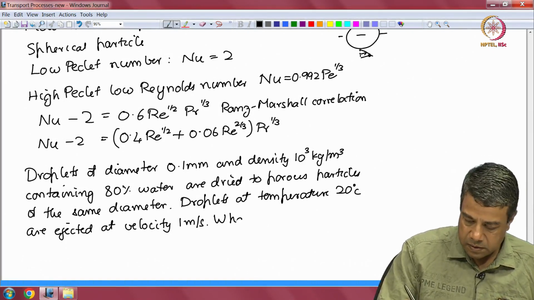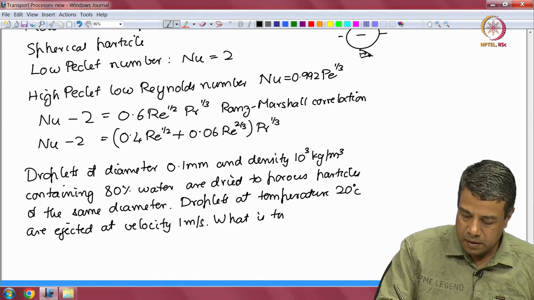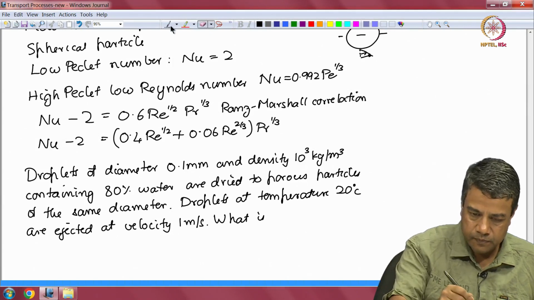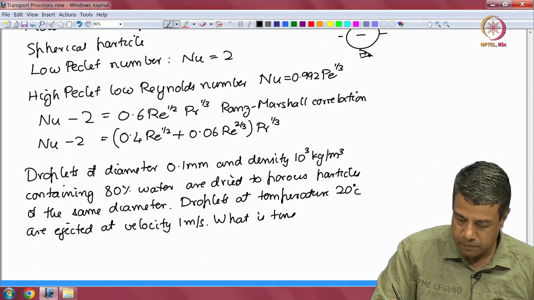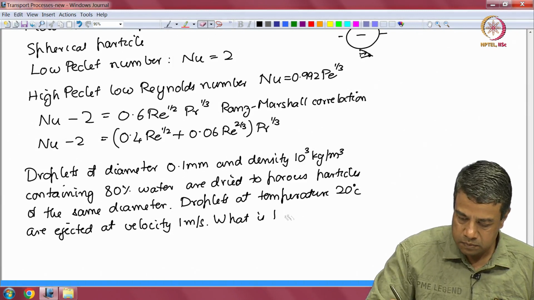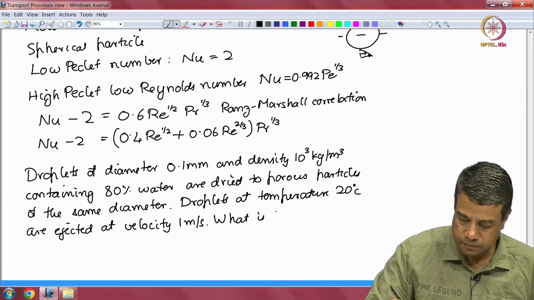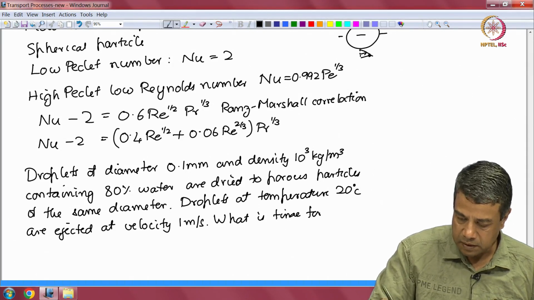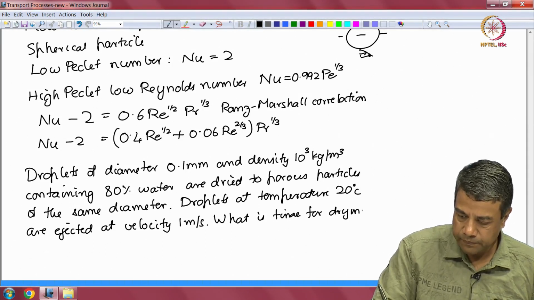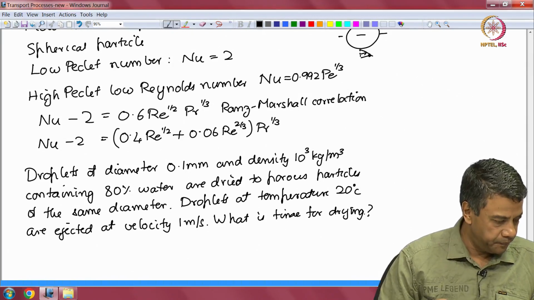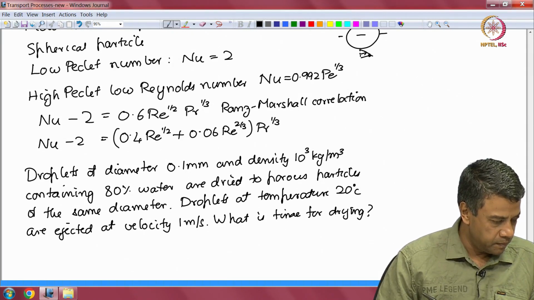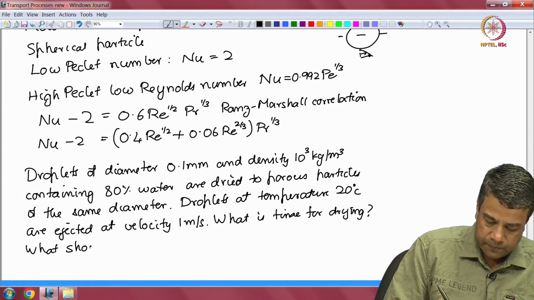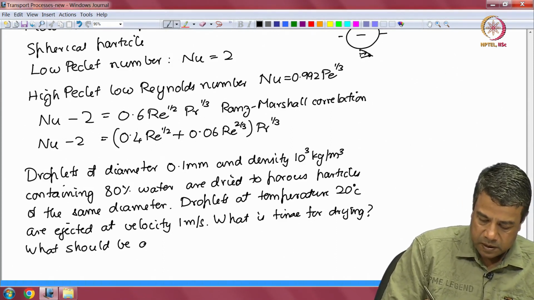What is the time for drying? What should be the air temperature?